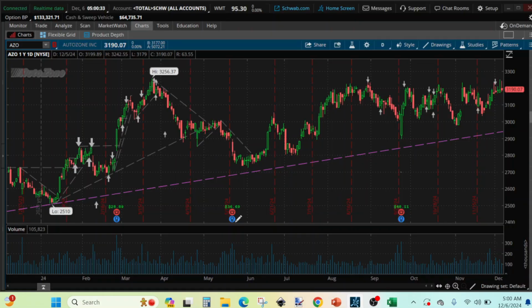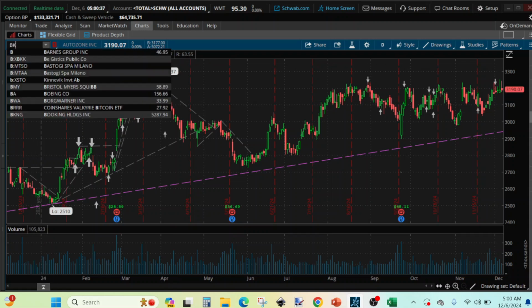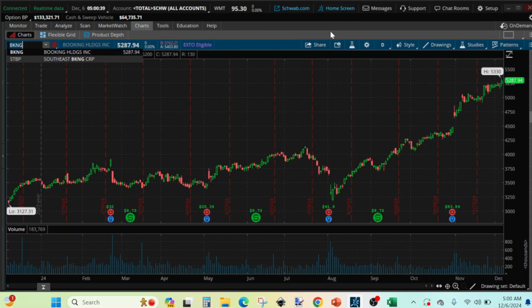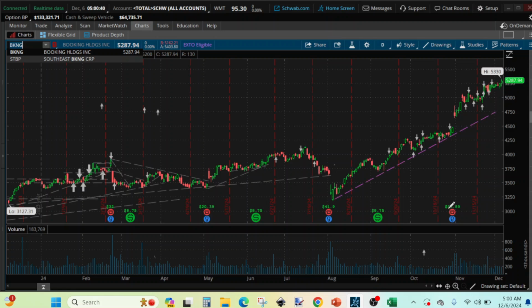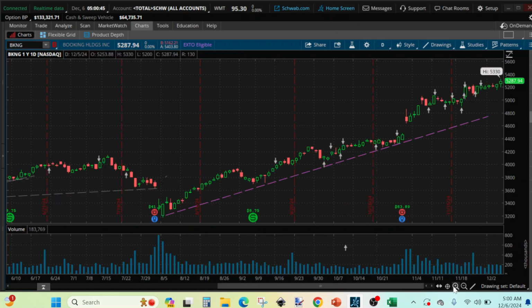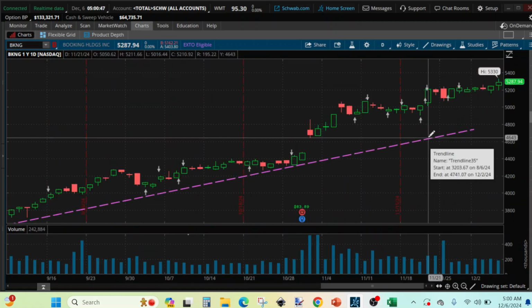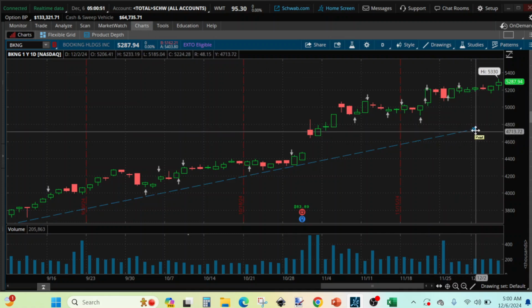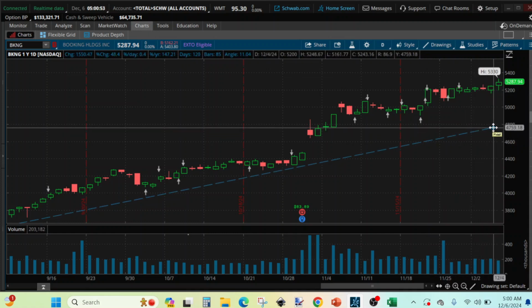BKNG. So BKNG is away from this trend line. Therefore, we are not going to do anything with it right now.